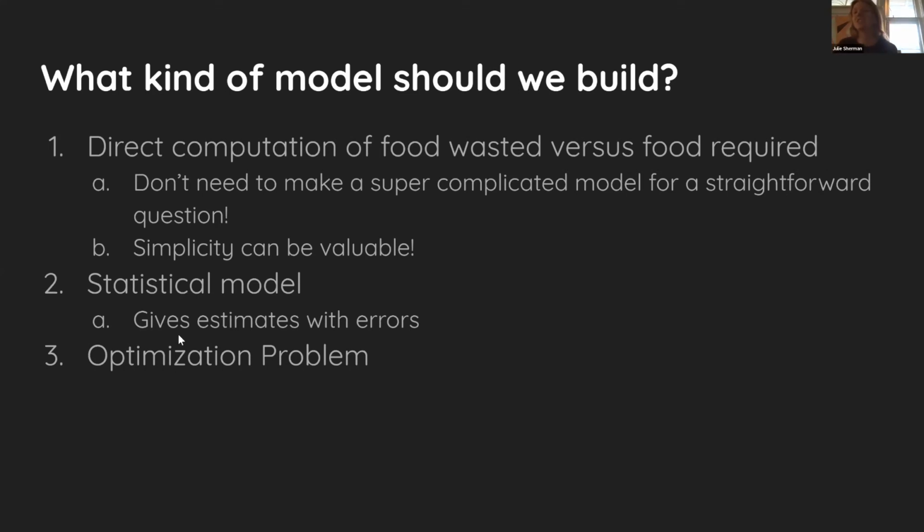Other options would be a statistical model, so that'd be fitting some sort of regression. It's a little tough because we weren't given any errors here, but in the next parts we will be. We could also consider an optimization problem. But like I said, I am leaning towards the simple model in this case.